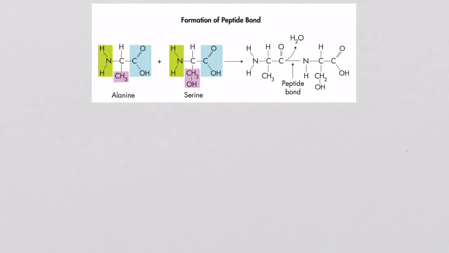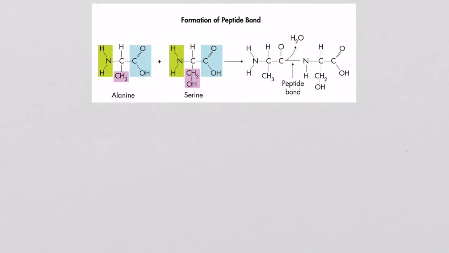So there's a peptide bond that's going to connect the amino group of one amino acid to the carboxyl group of another amino acid. So we're specifically talking about this portion being able to combine with this portion on a different amino acid. You can see we put a peptide bond between there, but another key thing is shown right here, which is that a water molecule will be released when this peptide bond is formed.